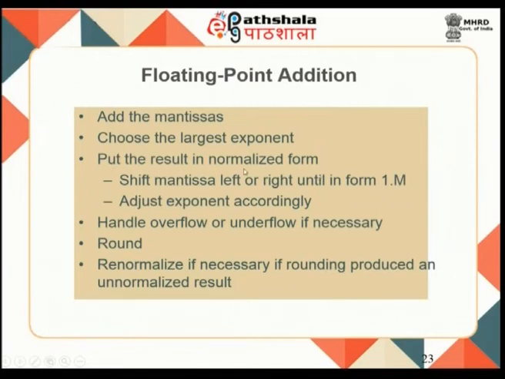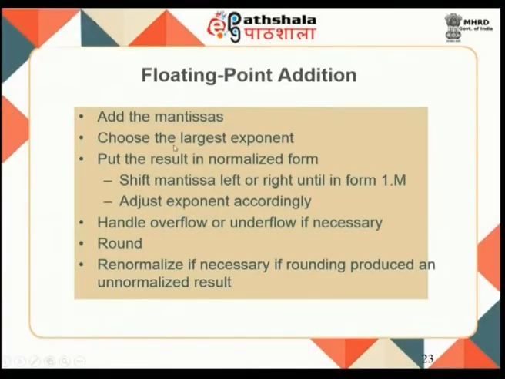In order to put the result in normalized form, you will have to shift the mantissa left or right until it is in the form 1.x, and adjust the exponent accordingly. Handle overflow or underflow if necessary, and then finally, you will have to do the round off operation, and if necessary, a renormalization operation, because the rounding could have produced an unnormalized result.